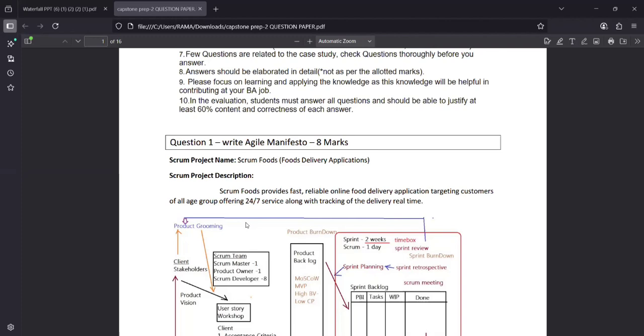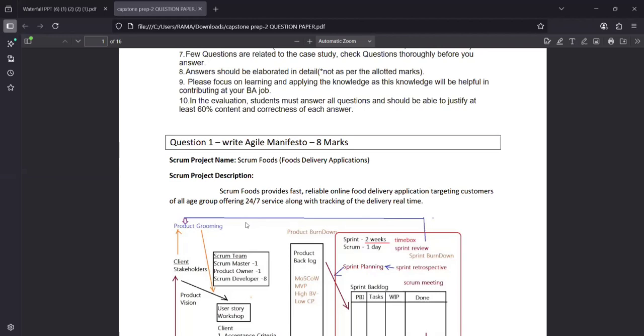Face-to-face conversation is the best communication, and working software is the primary measure of progress. Agile processes promote sustainable development. Continuous attention to technical excellence and good design. Like this, you need to give the 12 principles in your answer document.